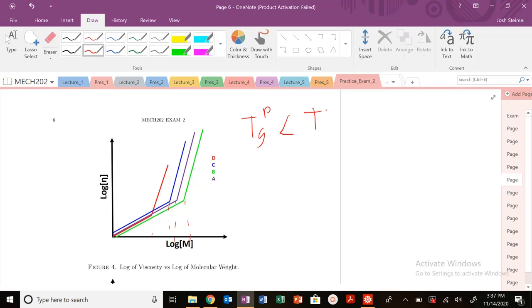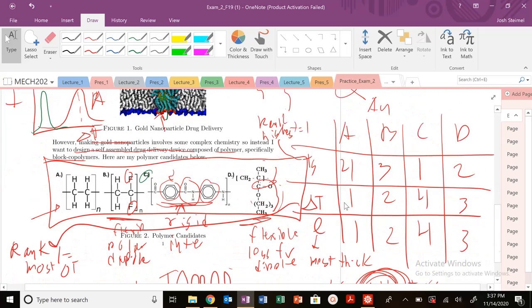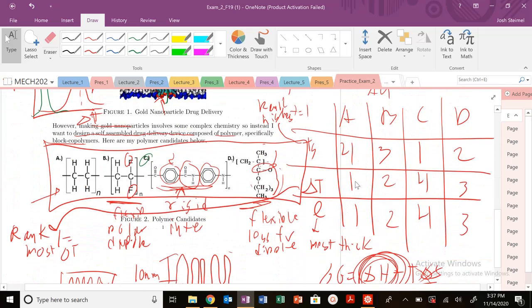So my Tg of D is going to be less than my Tg of, what's the next one here, blue, that's going to be C, less than my Tg of A, which is less than my Tg of B. But we know from the first part of the problem, and this is why it is so useful, that you want to look at these rankings. I know that my Tg of C is greater than D, is greater than B, is greater than A.